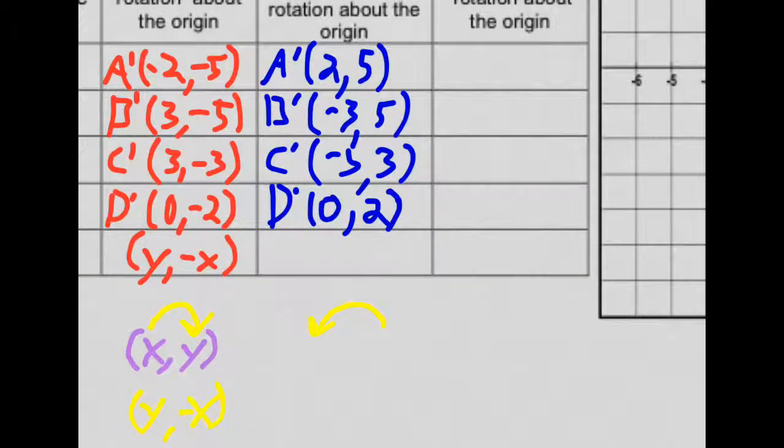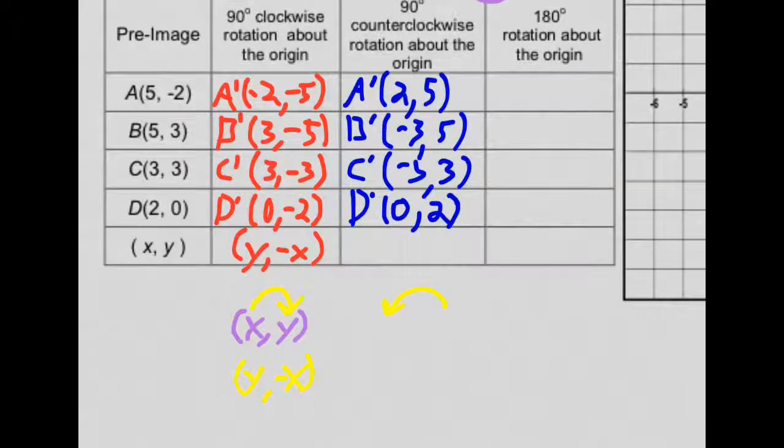There we go. And so what happens to your x and y for this? Well, notice that for A, we had 5, negative 2, and for A prime, our x and y have switched places, but this time it's our y that changes signs. It was negative 2 here, and now it's positive 2. So when we rotate it counterclockwise, it's negative y, x.